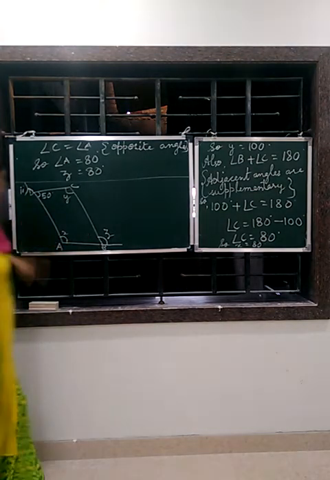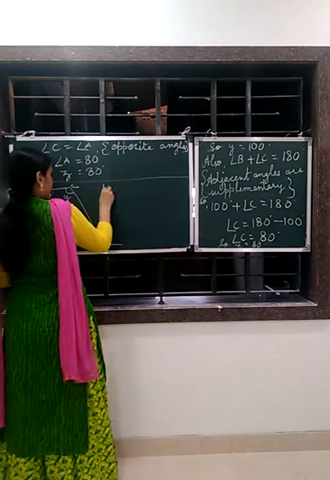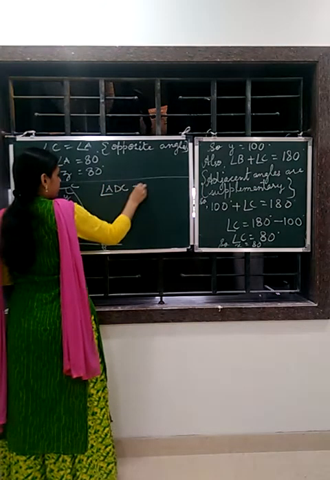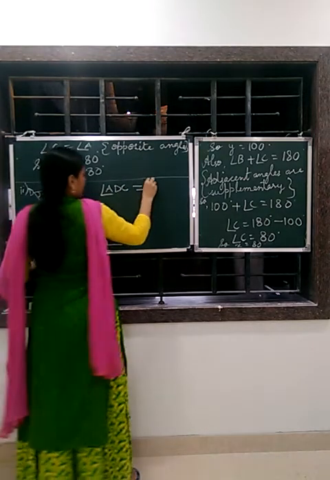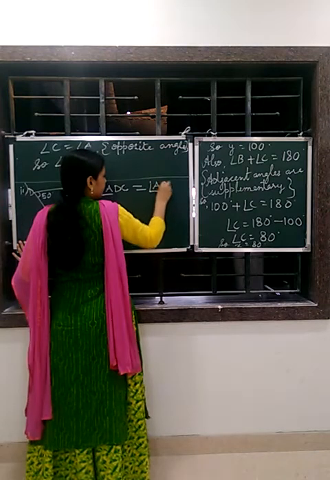Because they are opposite angles. So, we write that angle ADC is equal to angle CBA, or you can write ABC.